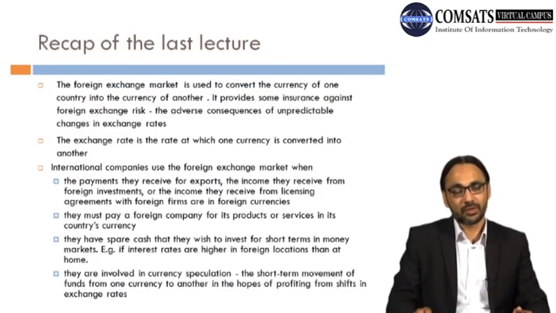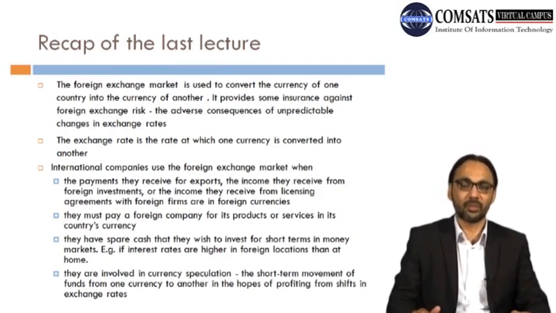Okay, before we start today's lecture, we quickly do the recap of the last lecture. In the last lecture, we had discussed what the foreign exchange market is, and that it is used to convert the currency of one country into the currency of another.